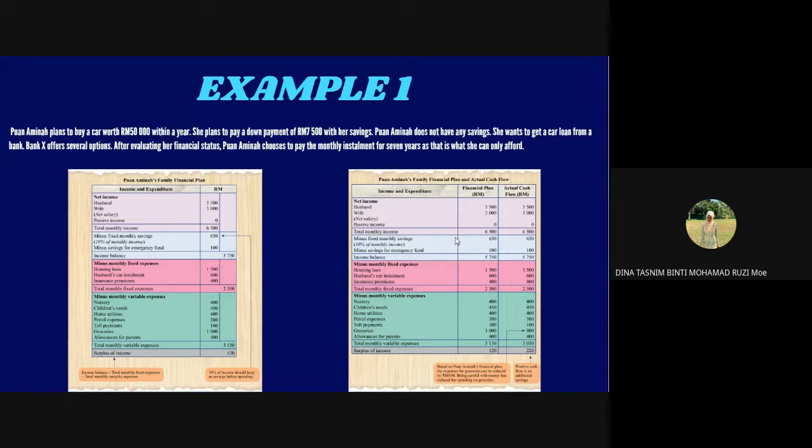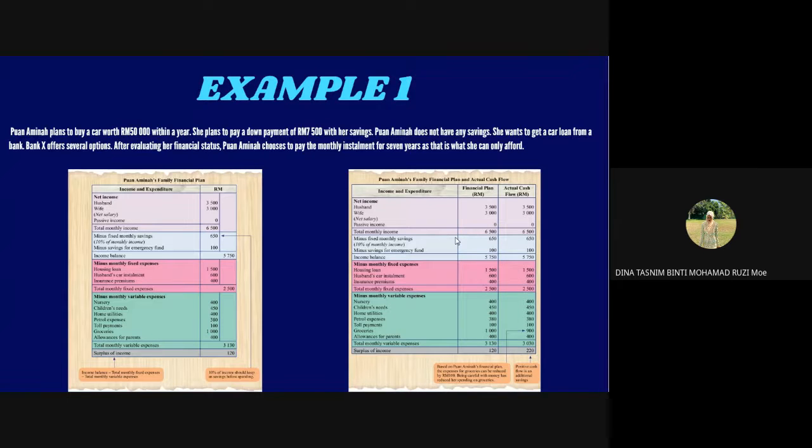For example, let me give you an example. You want to buy a phone worth 900 ringgit. Your mother gives you 100 ringgit a month. So you need to save 10 ringgit, right? So that's how it will be.